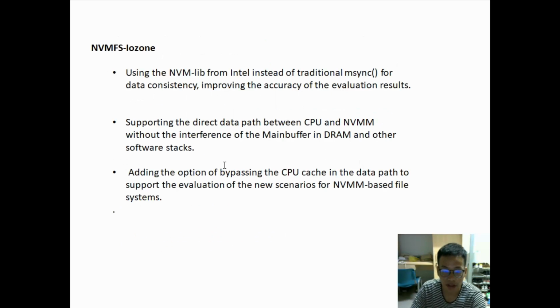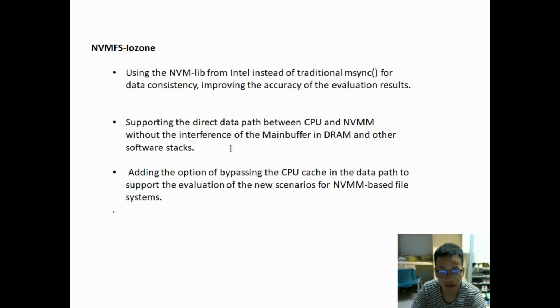In this paper, a new evaluation tool called NVMFS-IOzone is proposed to meet the new requirements of NVMM file system, using the NVM-lib from Intel instead of traditional Msync for data consistency, and adding the option of bypassing CPU cache in the data path, which brought the evaluation of the new scenario for NVMM file system.